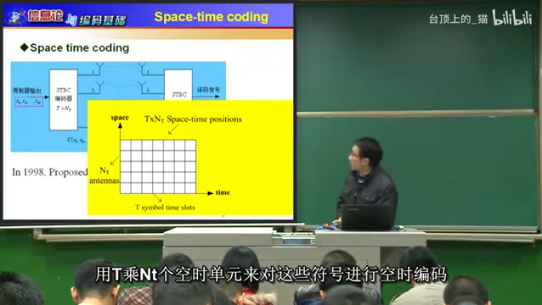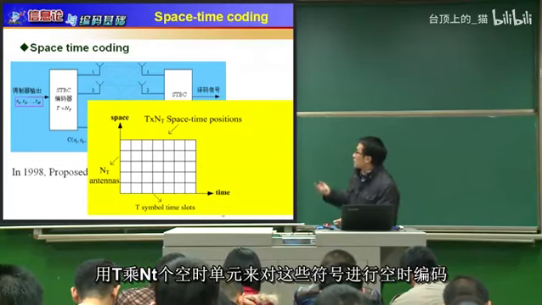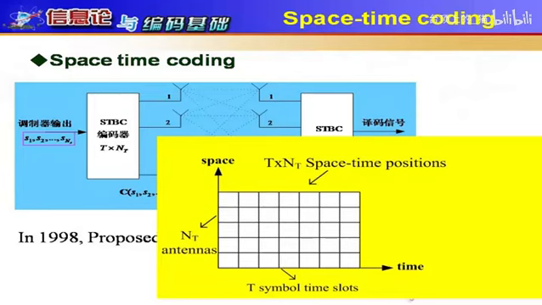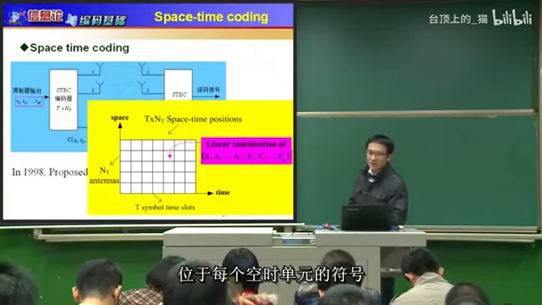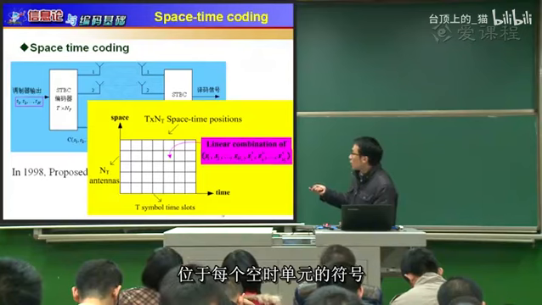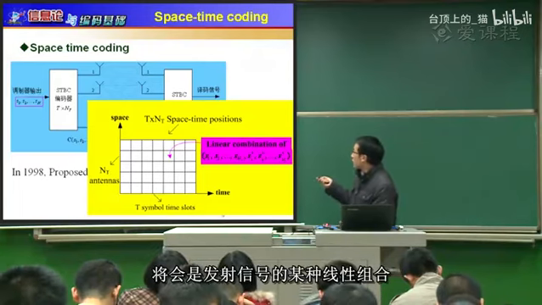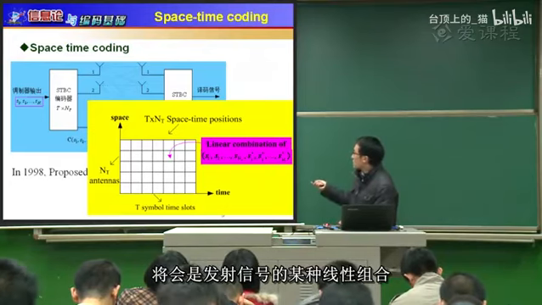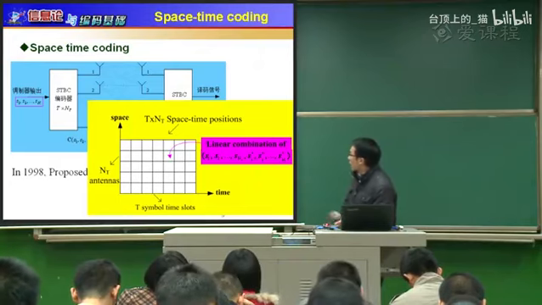We use the T by NT space-time positions to make space-time coding for these symbols. And the symbol in each position is a linear combination of the transmitter symbols and the conjugate of them.